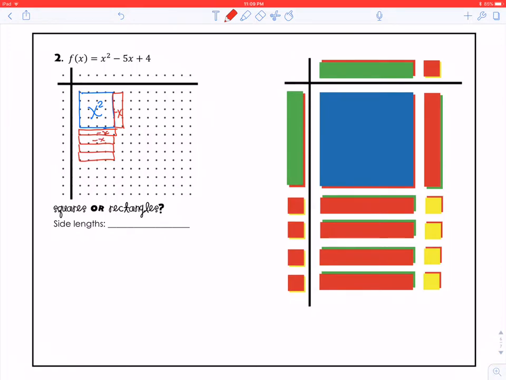So negative x, negative x, negative x, and negative x would give us a total of negative 4x. And then we have positive 1 for our itty-bitty squares and 4 of those to line up. And so that gives us our x squared minus 5x plus 4.